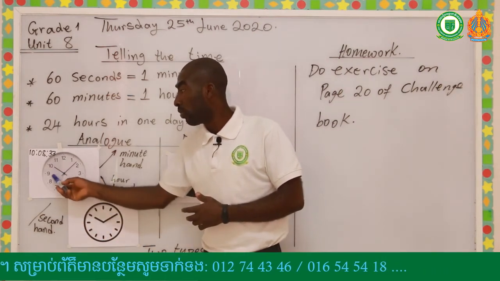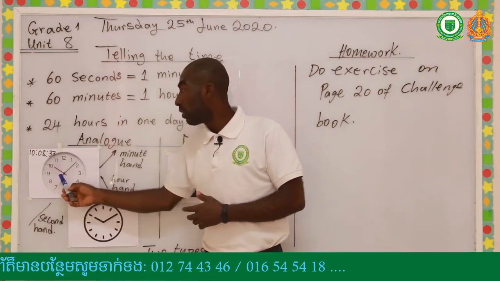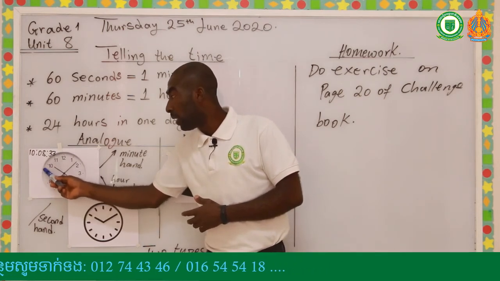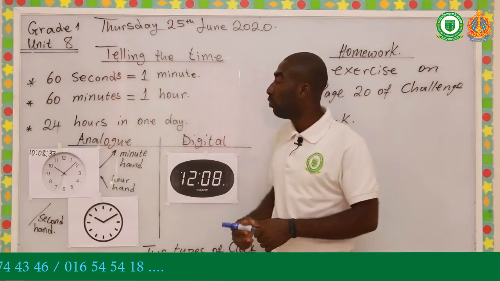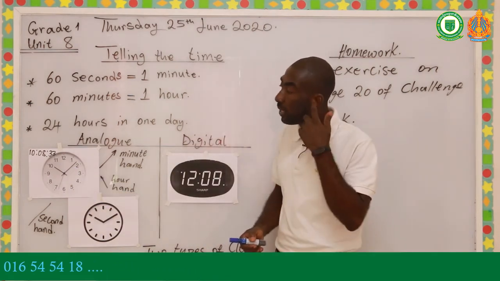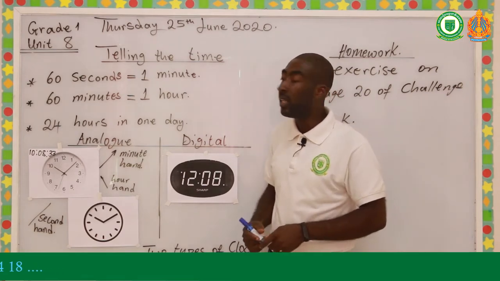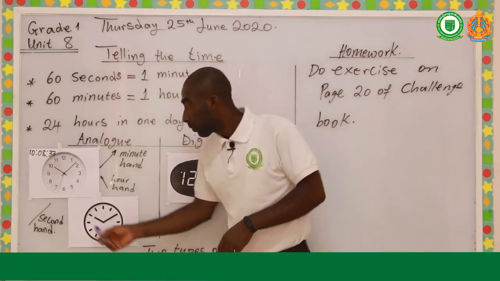If it is pointing to any of the numbers, you write that number. If it is staying in the middle, you always have to compare with the minute hand to know the time, as you did in your first and second activities, okay?